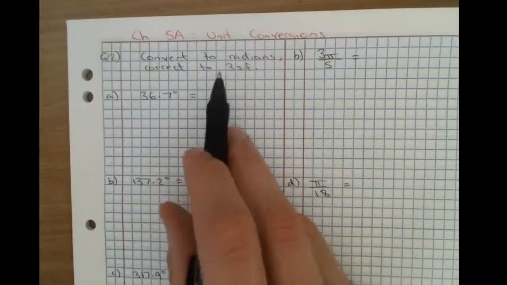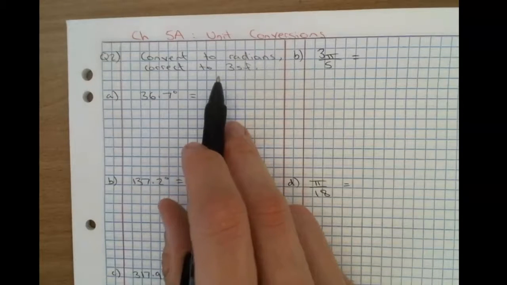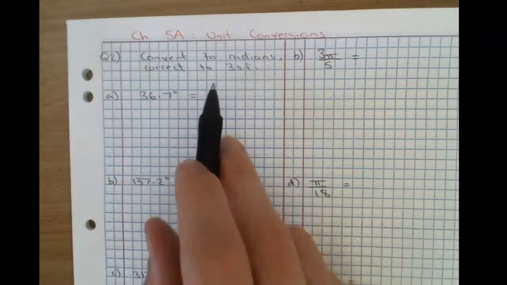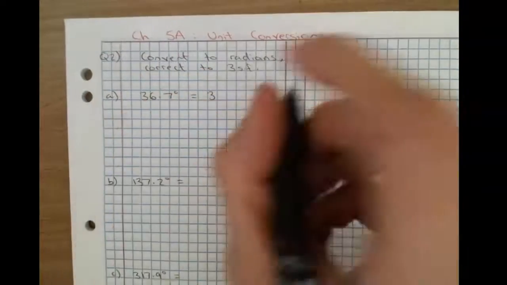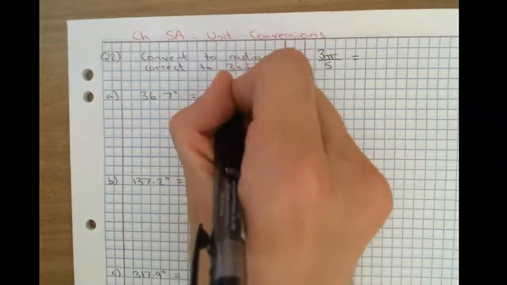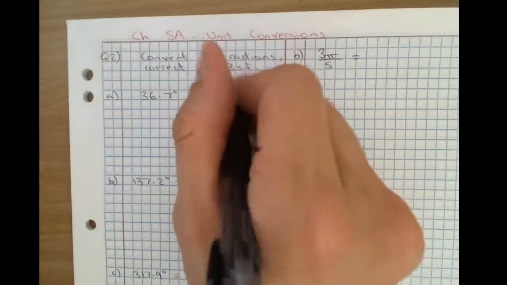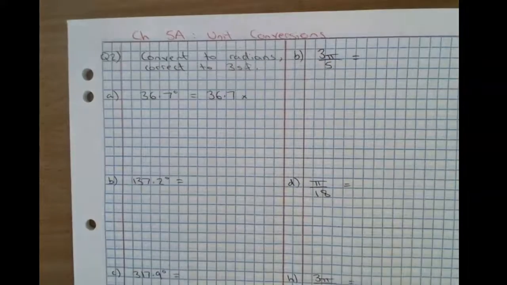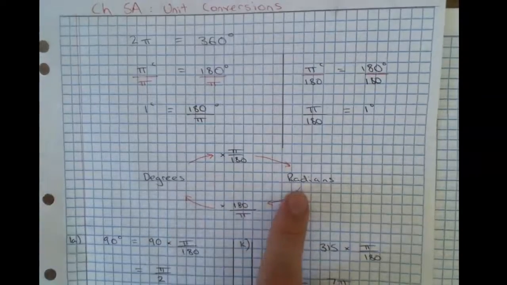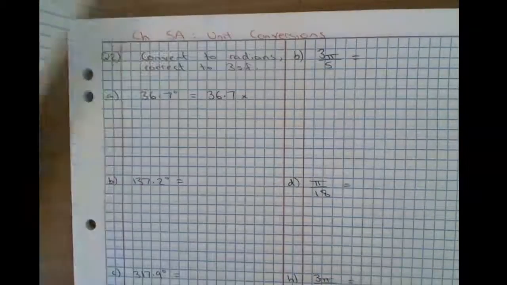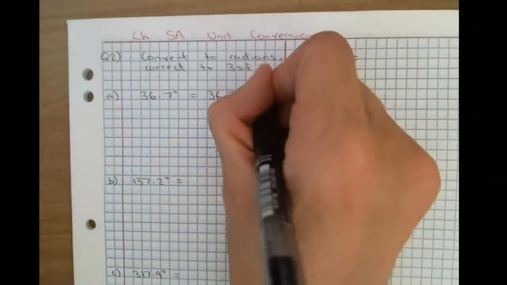Now, if we want to convert to radians, and we have to do it correct to 3 significant figures, so now it's going to be 36.7 degrees, it's going to be 36.7 times... Remember our conversion chart, if we're going from degrees to radians, we're multiplying by pi over 180.